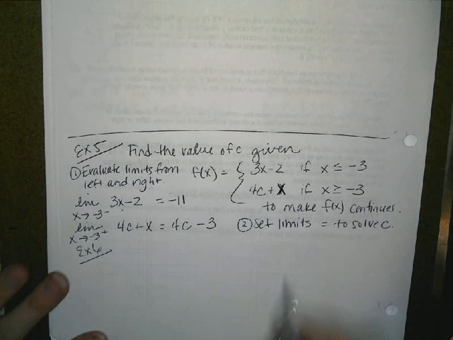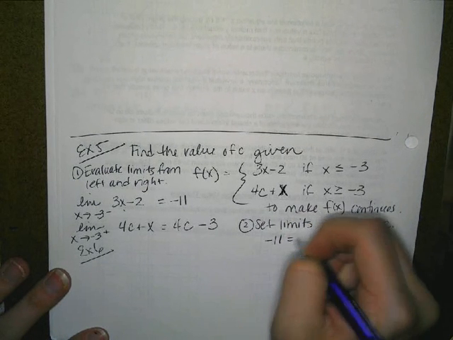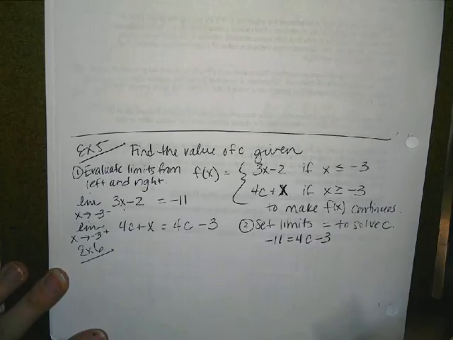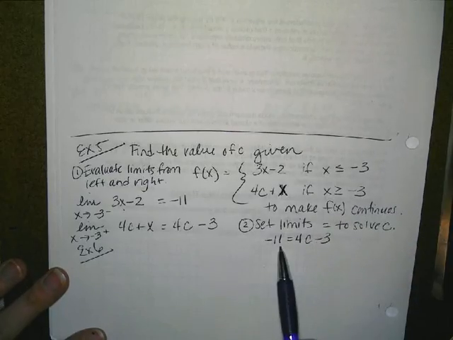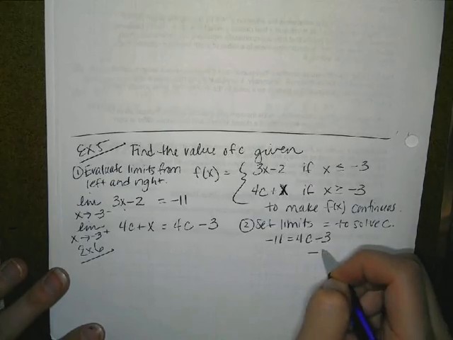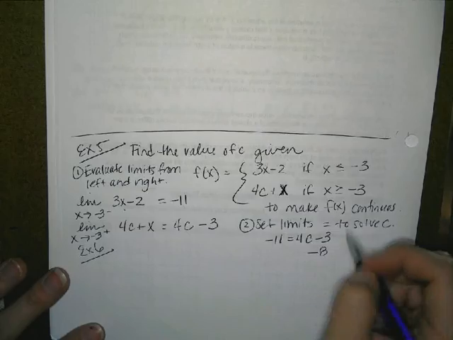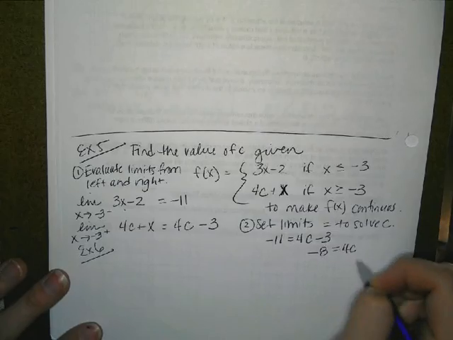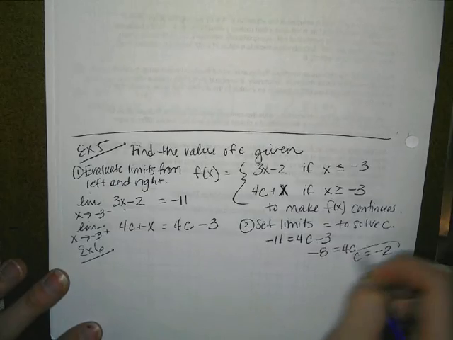So you'd have negative 11 equals 4c minus 3. If you add 3, you get negative 8, and then your c would be negative 2.